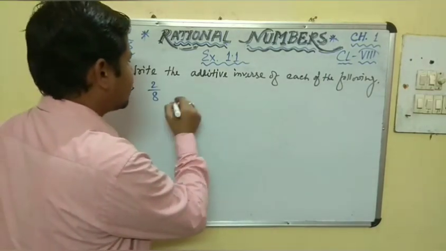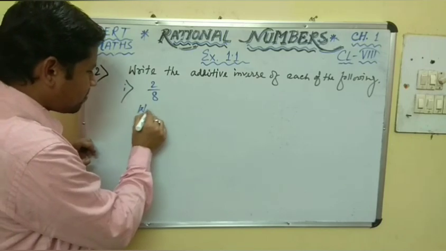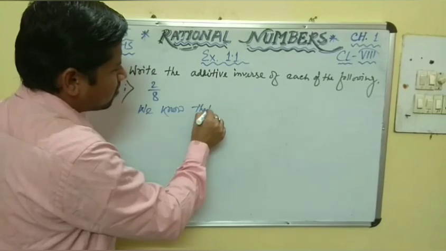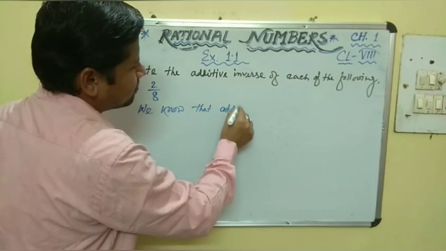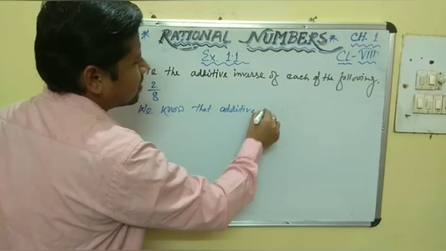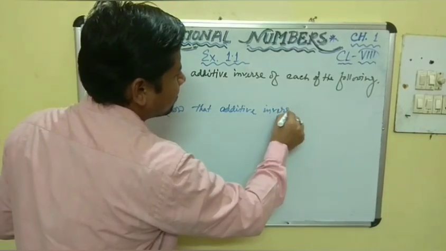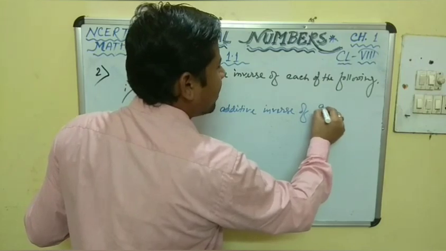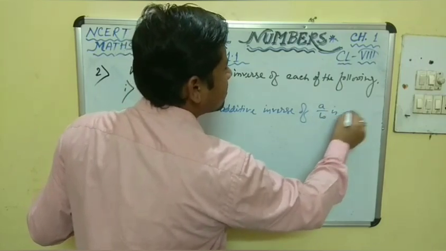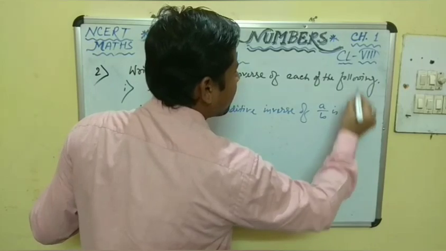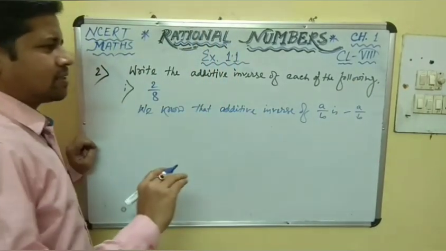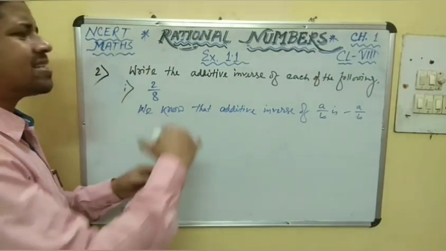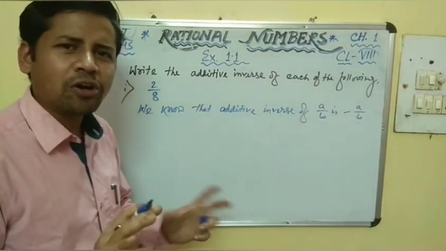We know that the additive inverse of A by B is minus A by B. We know that additive inverse of A is minus A. So only the sign will change, but the numerical value will not be changed.